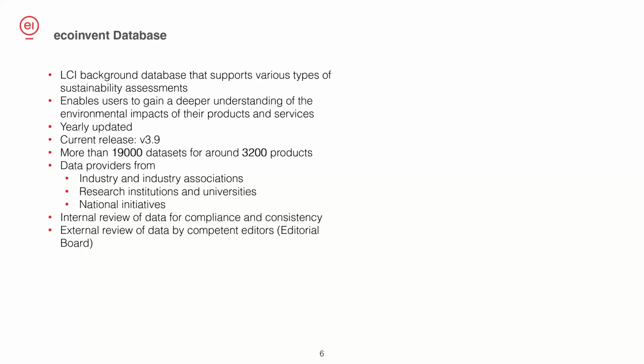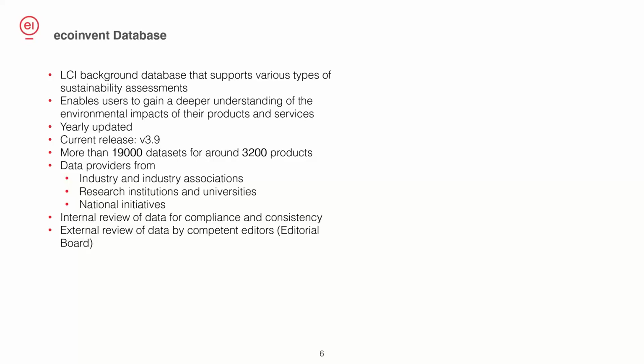These datasets come from different sources. Industry and industry associations provide data on different sectors. In addition, research institutions and universities are among the data providers, and of course, there are also national initiatives.